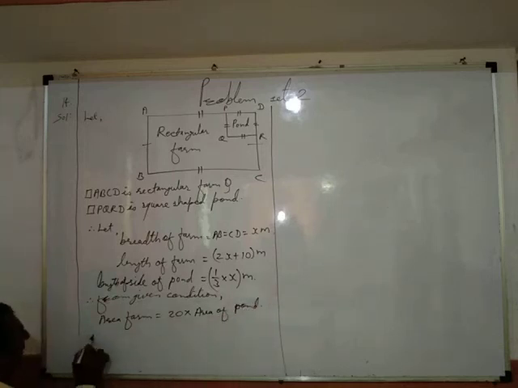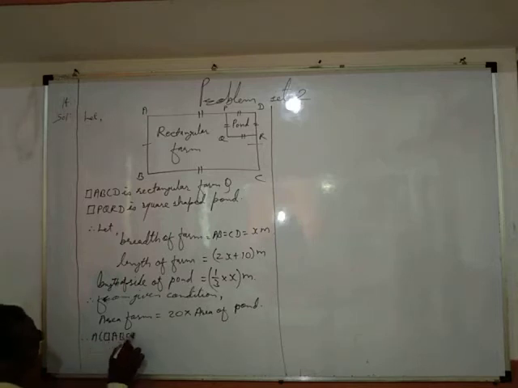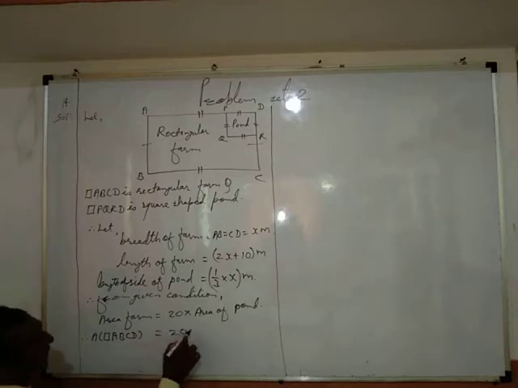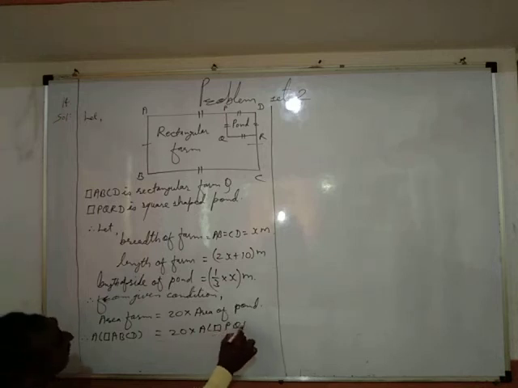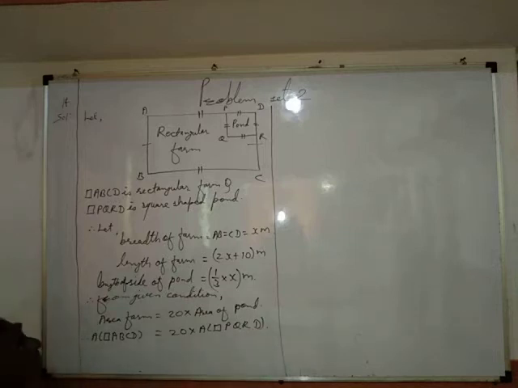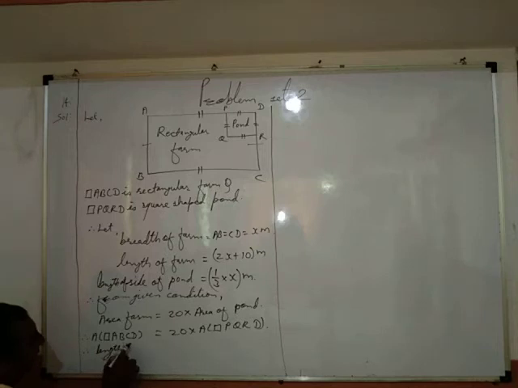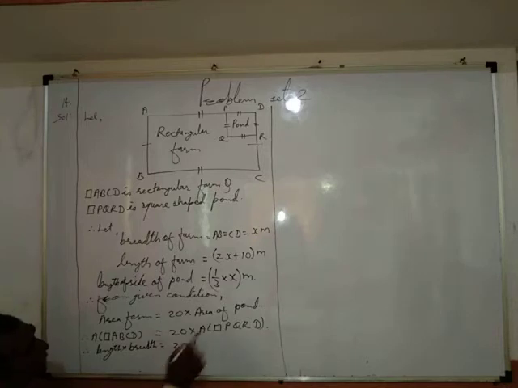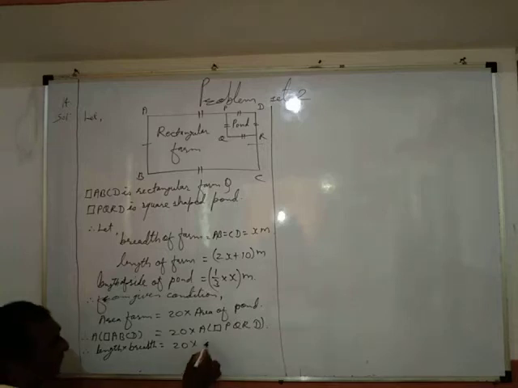Okay, and therefore area of quadrilateral ABCD is equals 20 times area of quadrilateral PQRS. Okay, but quadrilateral ABCD is a rectangle, and we know that area of rectangle is length into breadth equals 20 into area of square, as quadrilateral PQRS is a square, and area of square is side square.